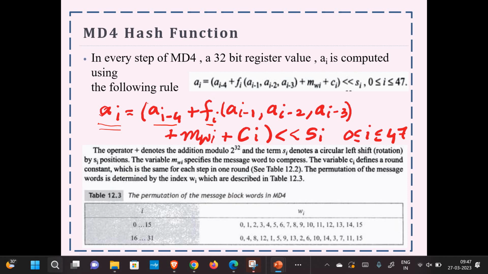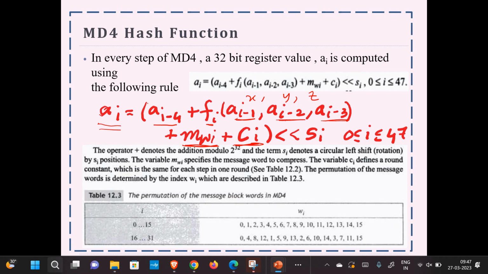This Fi can be an if function, an XOR function, or a majority function, based on which round we are in. For that, the inputs are Ai minus 1, Ai minus 2 and Ai minus 3, which we had discussed as X, Y and Z, or BCD, you call it in that row. So that function is coming in. The message is coming in also, and the constant Ci is also coming in over here.